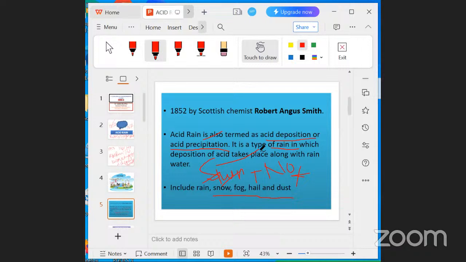The main ones are sulfuric acid and nitric acid. These are the most important.